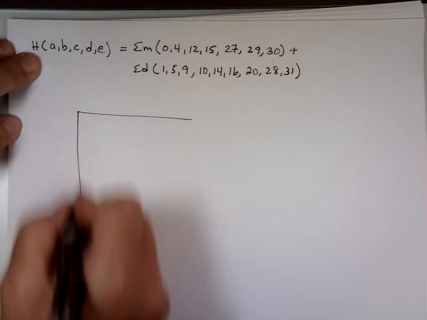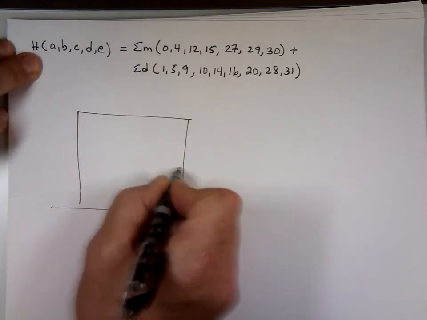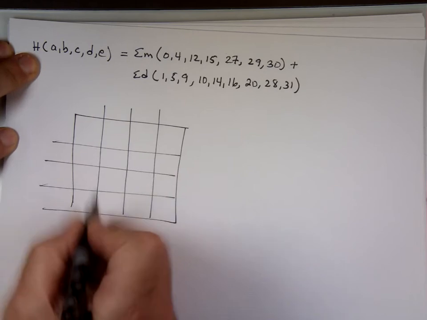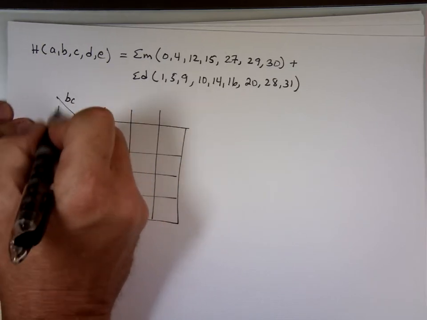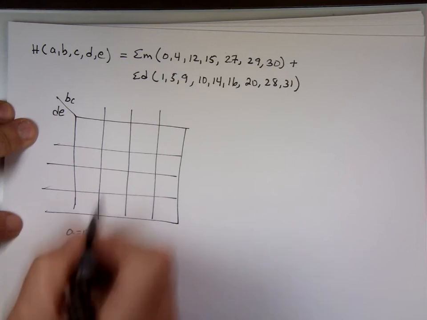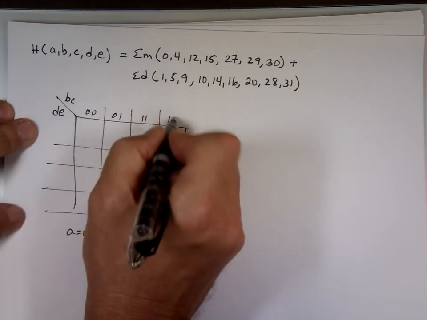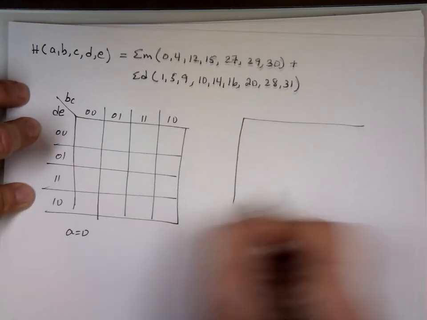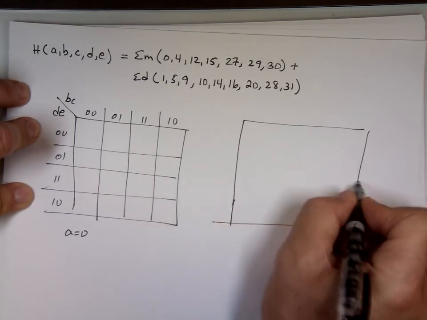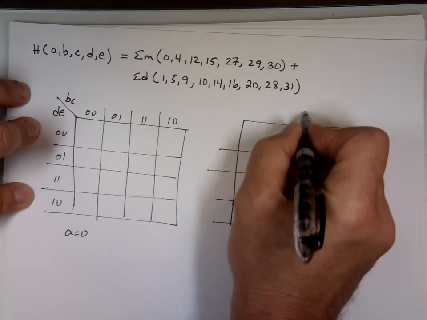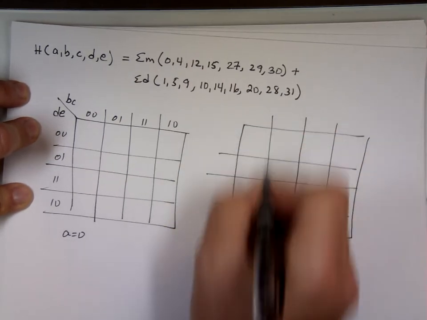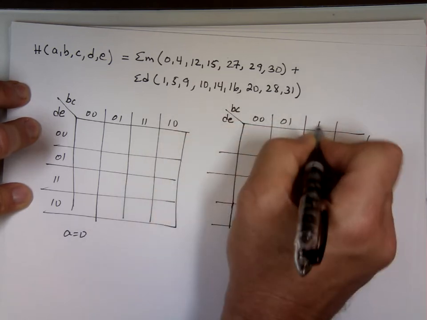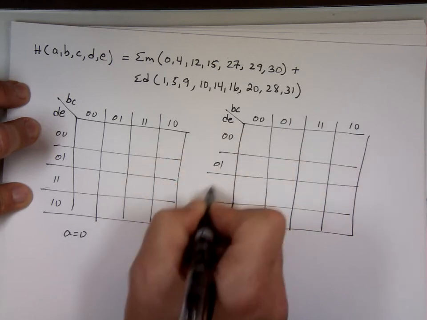The first one, when A is 0, B, C, D, E. And the second one, B, C, D, E, when A is 1.